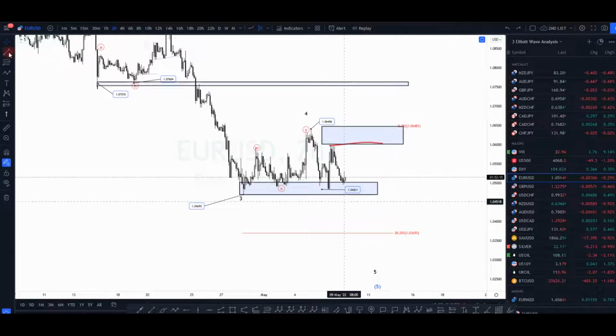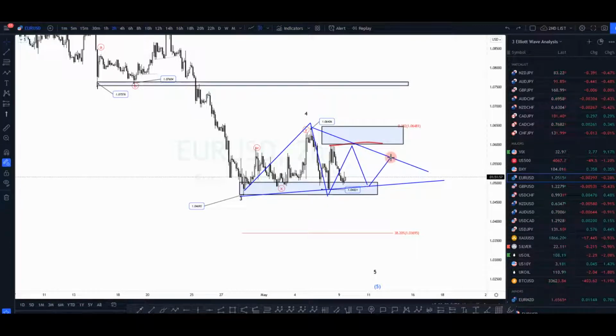Of course, we should also look at the possibility of price staying within this range to maybe complete a triangle pattern. That's also another possibility. A triangle pattern, that's price staying longer within this zone here. If that happens, we should be looking forward to further selling opportunities.